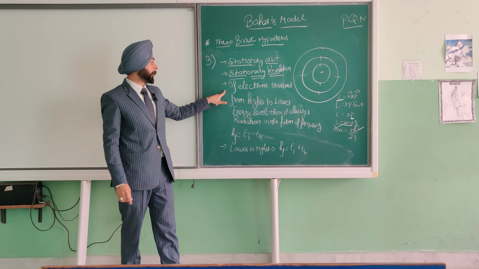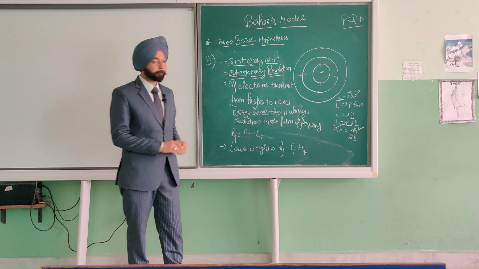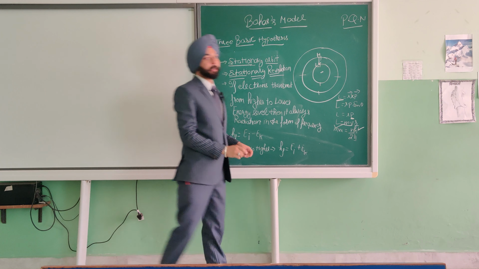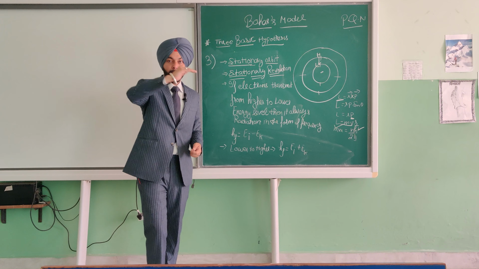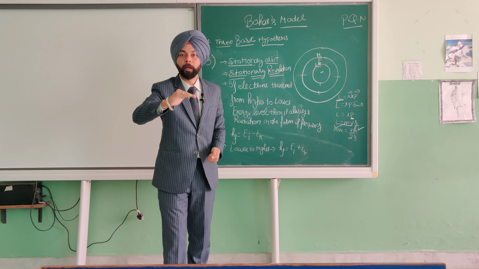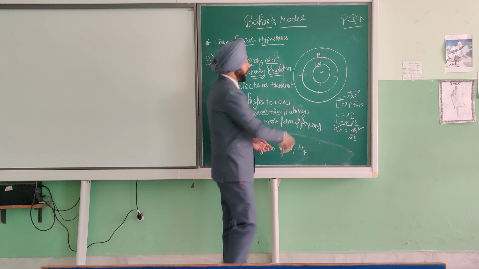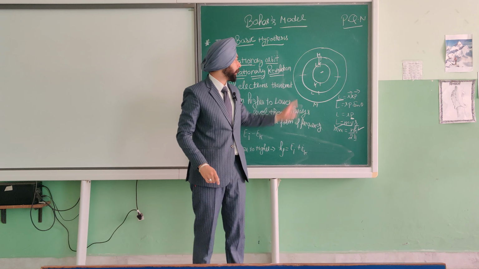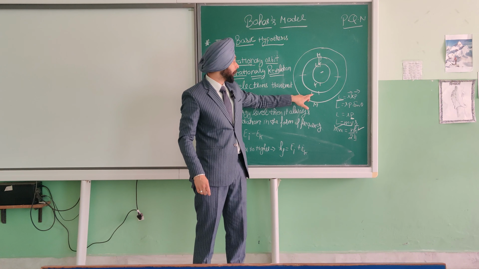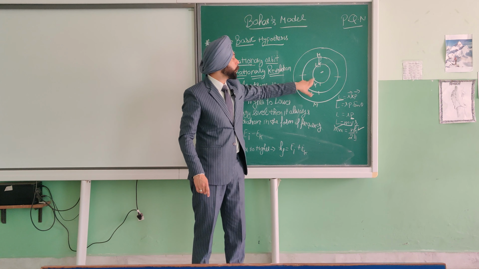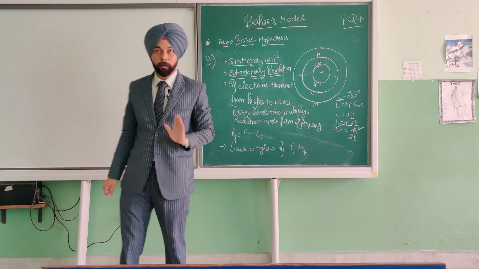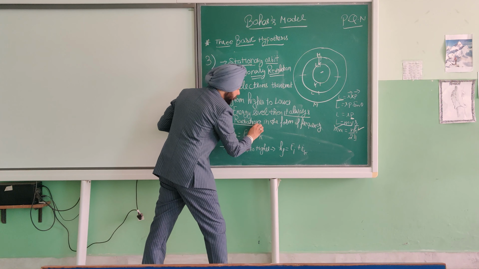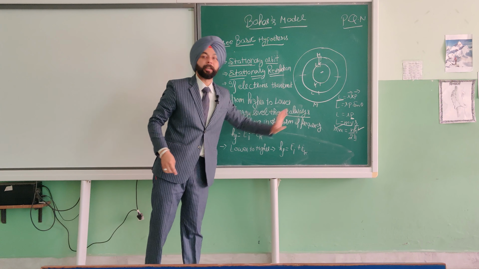The next point is, if an electron transits from a higher to a lower energy level, that is, among the K, L, M shells or orbits, if the electron transits from L to K, higher to lower orbit, it always radiates energy in the form of a frequency.